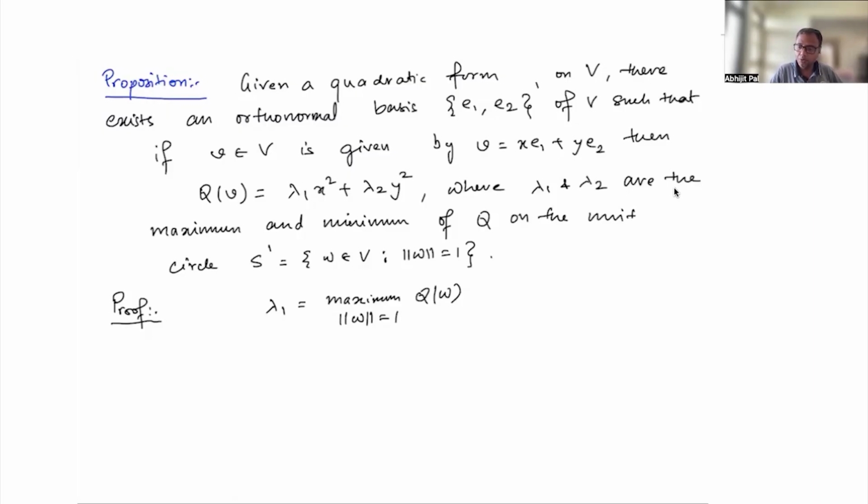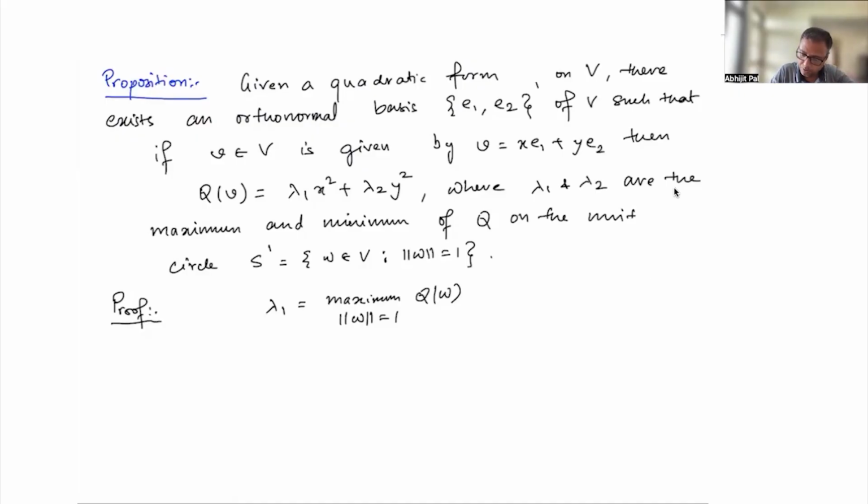So lambda 1 is the maximum of Q(w), where norm of w is equal to 1. Note that this Q is a map from V to R. Q(v) is defined to be B(v, v), which is again equal to the inner product of A v, v. So Q is a map from V to the scalar field R.